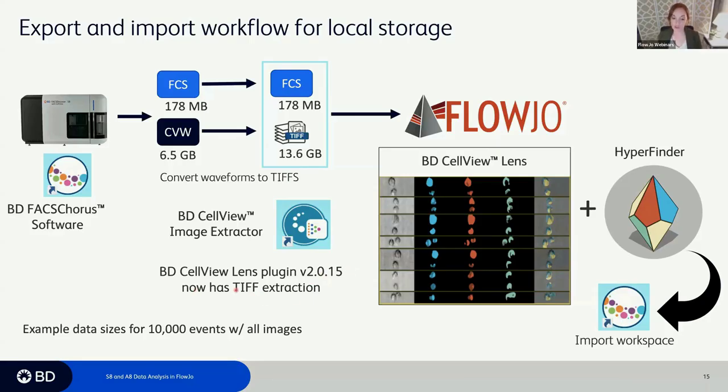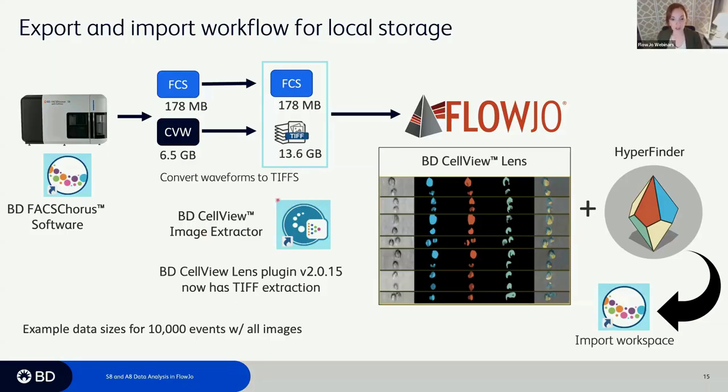If you have an older version, it's not capable of doing that, but this newest one does. So if you install that new version, you can load your CVW. A dialog will come up when you launch the plugin from the FCS file in the FlowJo software, and it will ask you where the CVW file is stored, and then it will do the TIFF extraction and keep those files in a folder nearby.